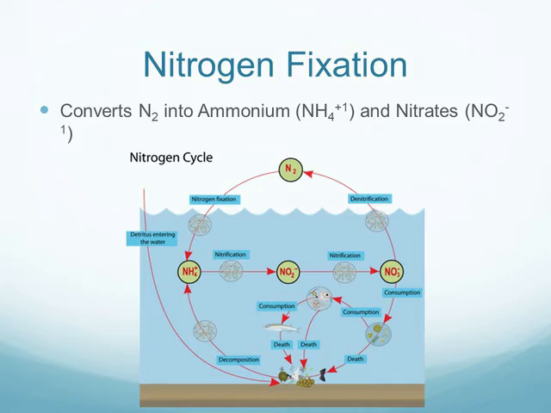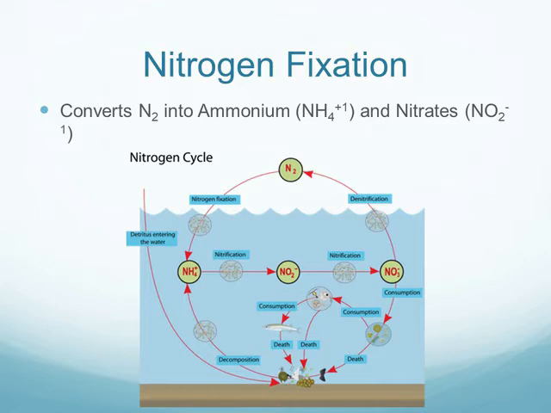And then they will do what's known as nitrification, and they will basically oxidize that ammonia, that NH4. They will turn it into NO2, which is nitrate. Yeah, nitrate. And then they will further do one more nitrification of nitrate and turn it into nitrite, which is NO3. And then it starts all over again and it goes into what's known as denitrification.